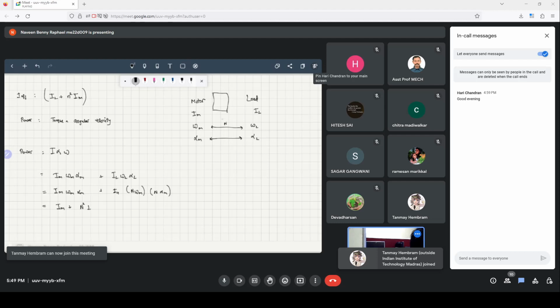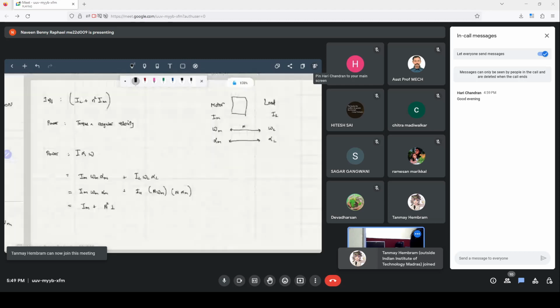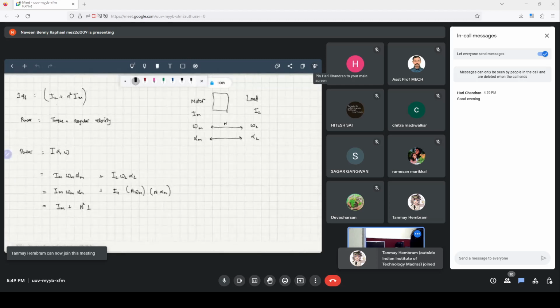Say they're related by, how did I make a mistake here? Give me a second. Oh no. I'm sorry, I wrote the equation here wrong.